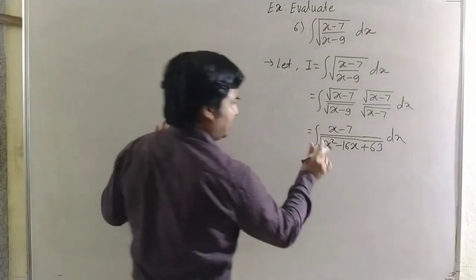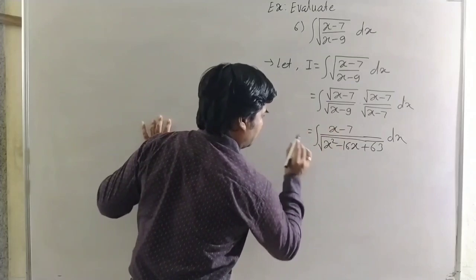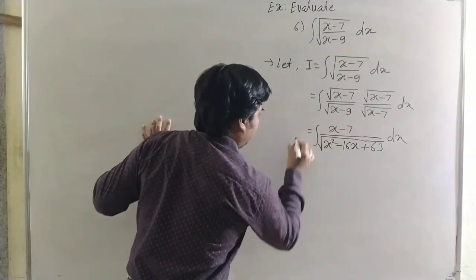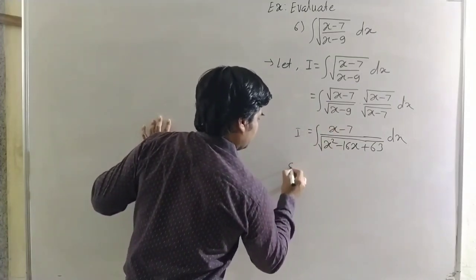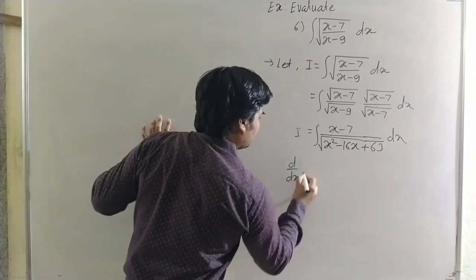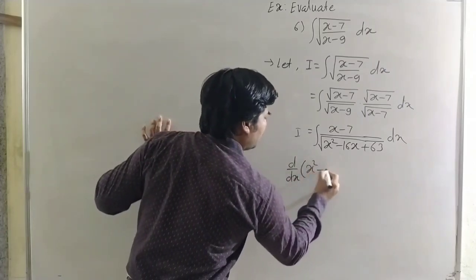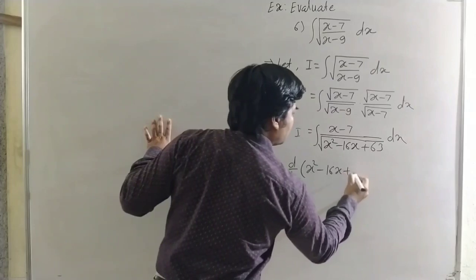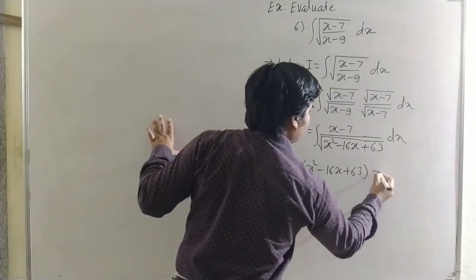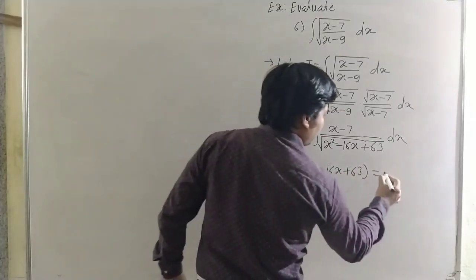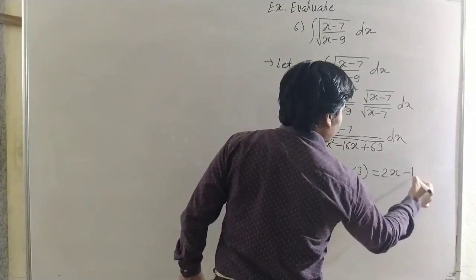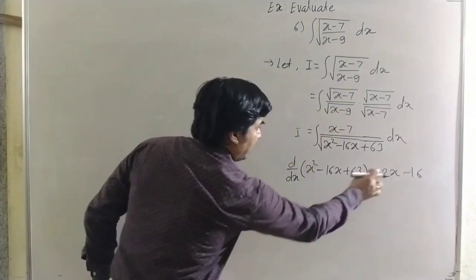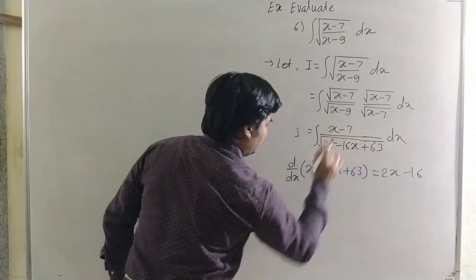Now this example is of our type, and the solution method is to adjust the derivative of the quadratic function in the linear function. See carefully here: the derivative of x square minus 16x plus 63. The derivative of x square is 2x, and minus 16. Then we adjust this derivative in the numerator.